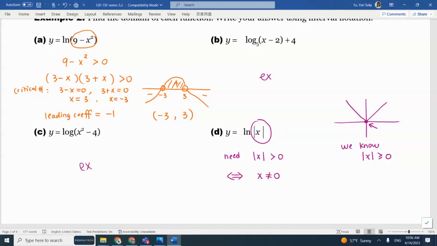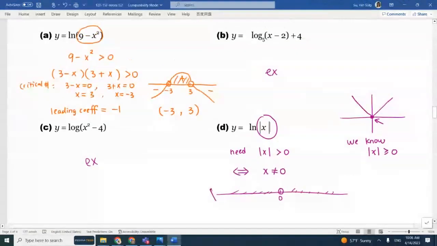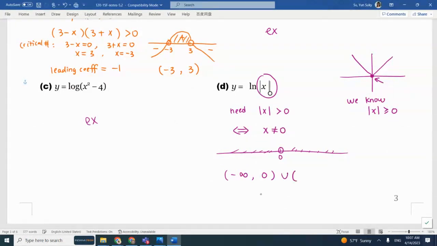So x cannot be 0. You draw the real number line, x cannot be 0, so you put an open circle, and all the other numbers are allowed. In interval notation, that is minus infinity to 0, parentheses, union 0 to positive infinity.